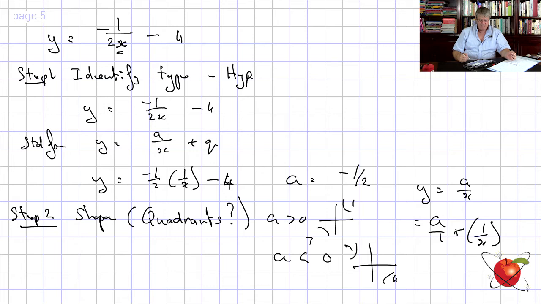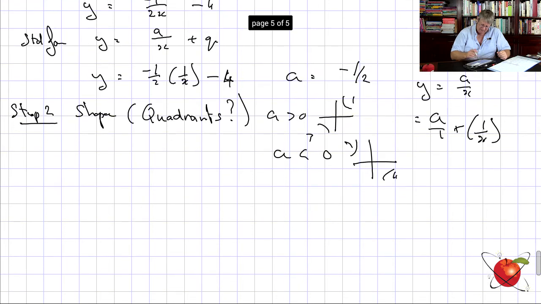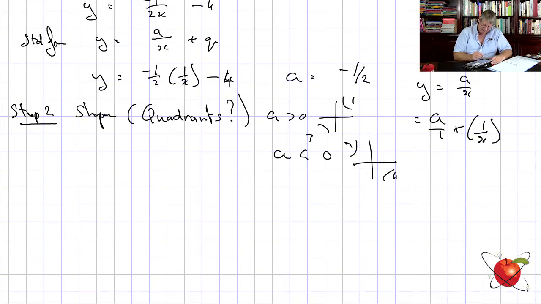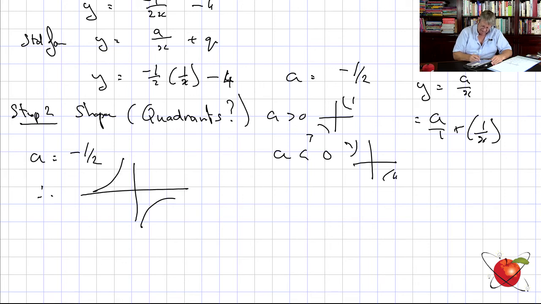Now, in our case over here, we have said that a is equal to minus a half. Therefore, the graph is there and there.